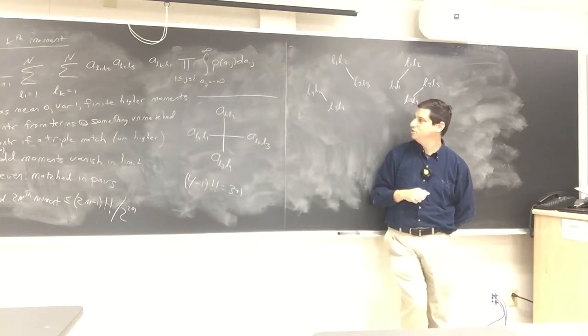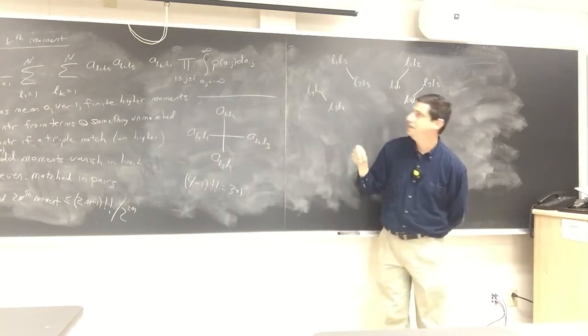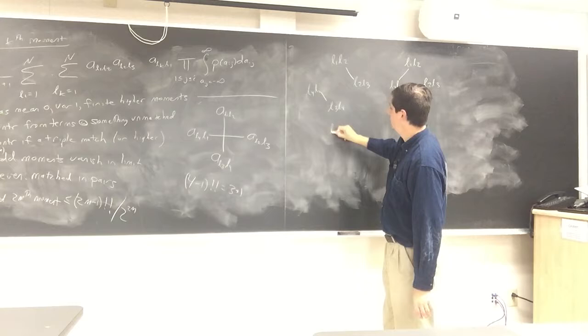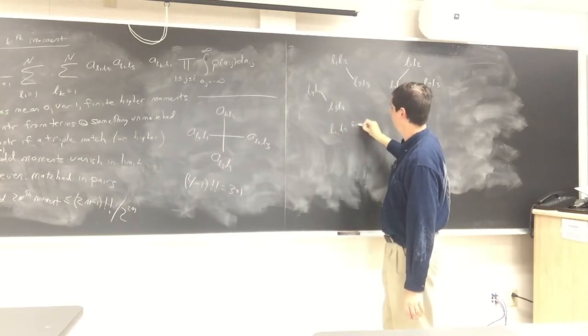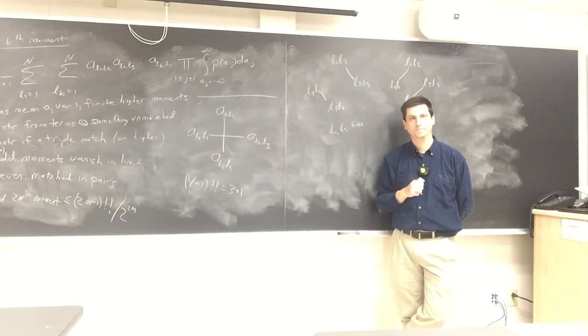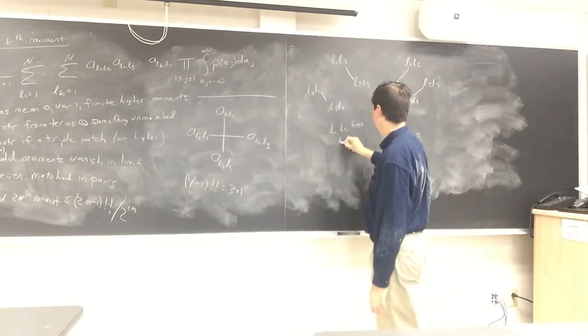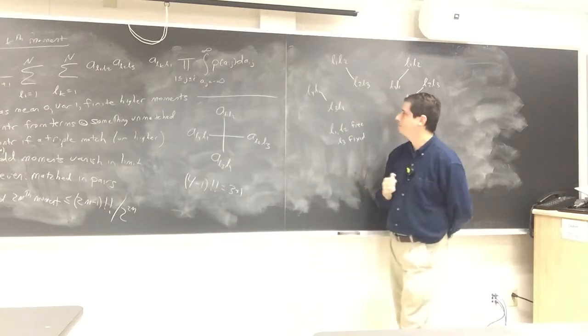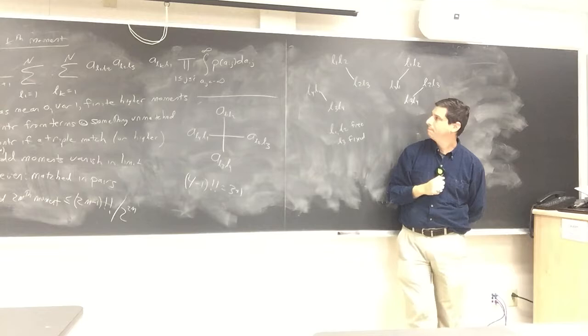So let's look at the contribution from each of these matchings. In this matching, I choose L1 and L2. So L1 and L2 are free. As soon as I've chosen L1 and L2, what happens to L3? L3 is fixed. What about L4? Free.